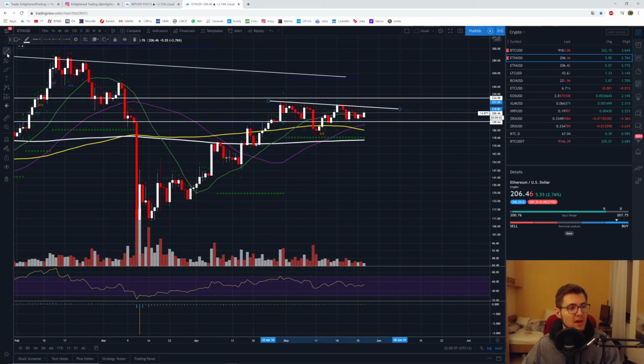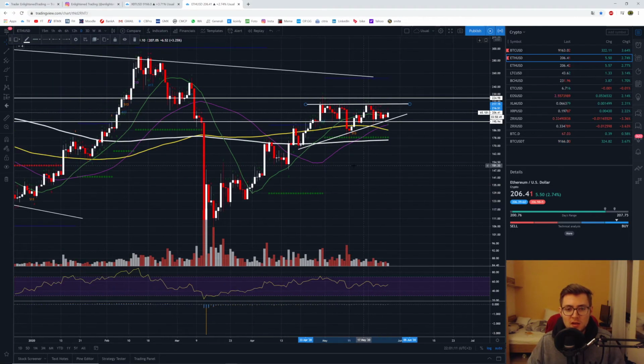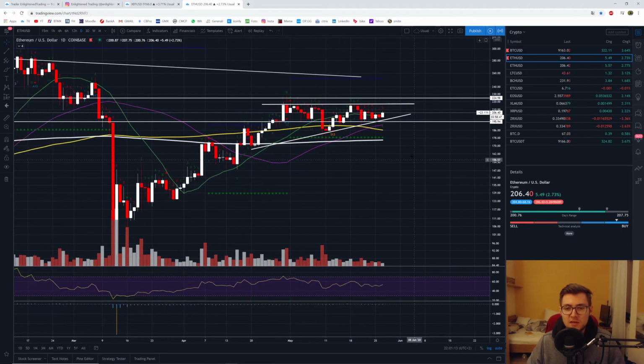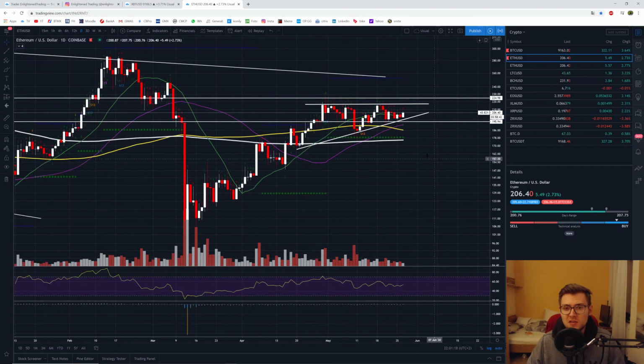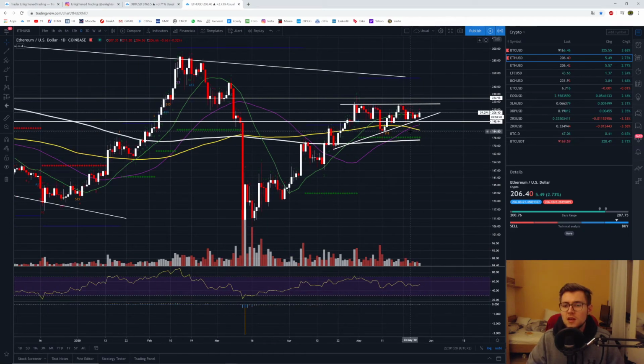And we can possibly draw, maybe even draw this horizontal. I mean, we could draw it like that as well. So this is actually not a bad ascending triangle here on Ethereum. It does fit the usual criteria and also my criteria, so this is looking pretty nice in my opinion.